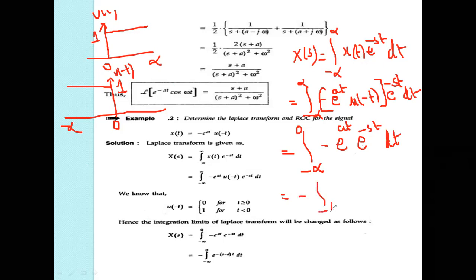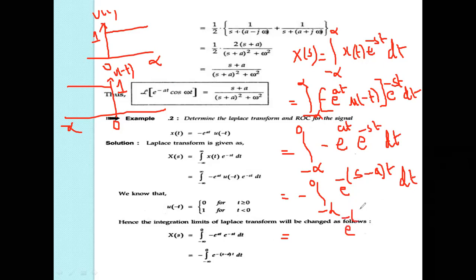Minus is already there. Minus infinity to 0, e power minus (s minus a) t dt, that is equal to, what is the exponential integral here?